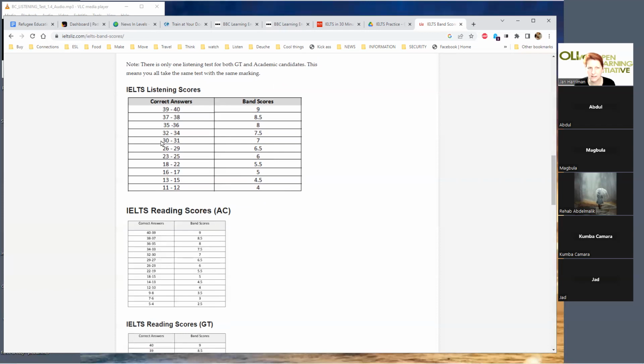So if you see 30 to 31 in listening, that's 30 to 31 questions correct. That means you can miss 10 in total, out of 40 questions. Yes, this is out of 40. So 30 out of 40 will get you a 7. Oh, 30 out of 40, okay. Yes, that's what I'm trying to say.